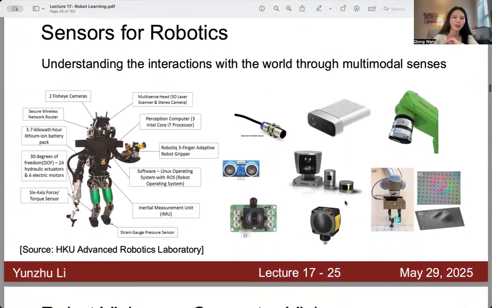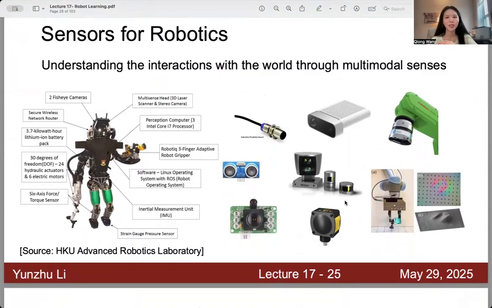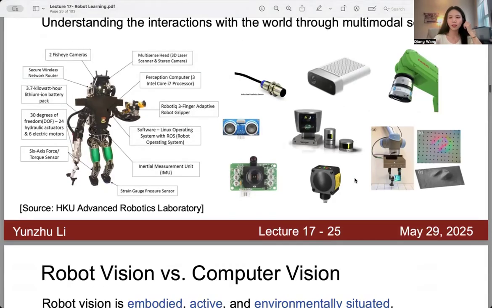This is an example, such as two fisheye cameras, strain and pressure sensors, and perception computers like this. This means we use sensors to get information from the real world.